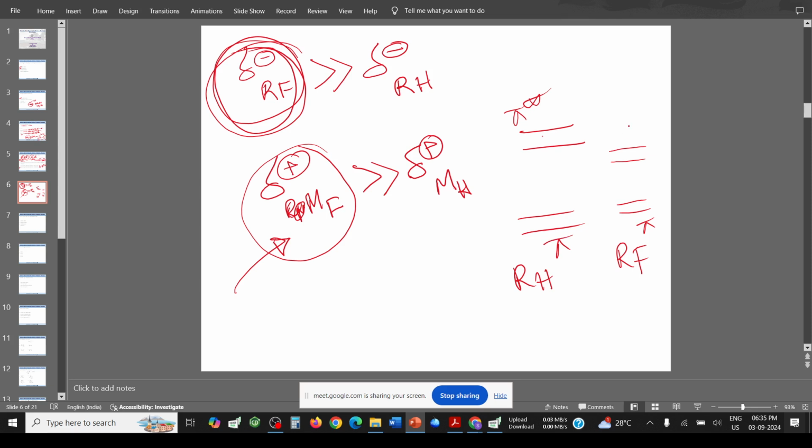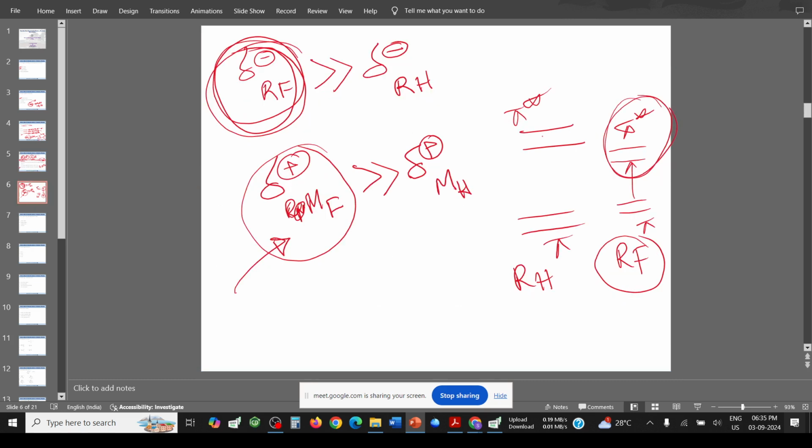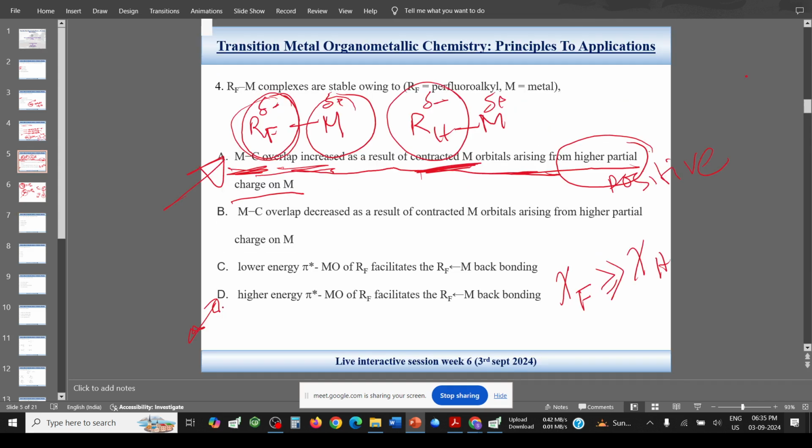Because of the higher negative charge on the perfluoro, the energy of this pi star will decrease, which facilitates more pi interaction with the metal. So our statement, the lower energy pi star MO of R_F facilitates the back bonding.